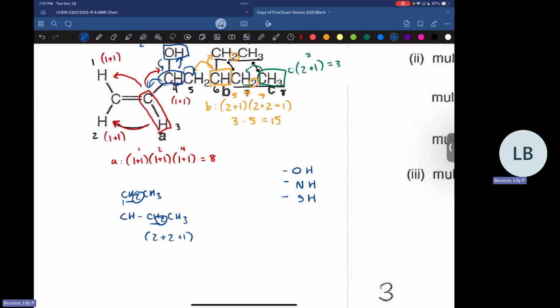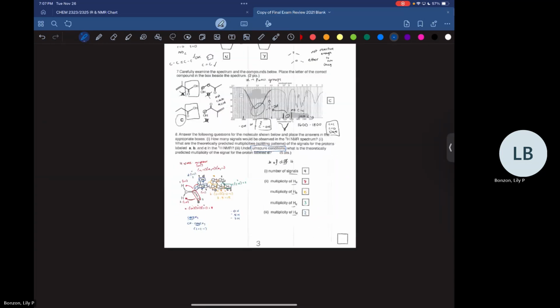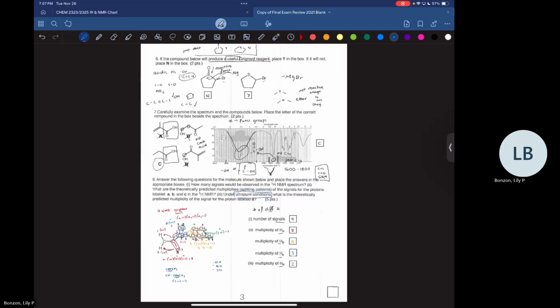It would just kind of stack on the same signal because the connectivity is the same, if that makes sense.